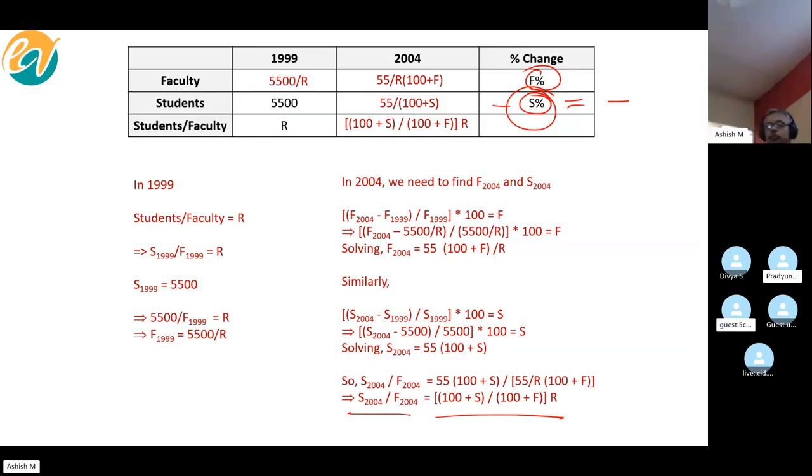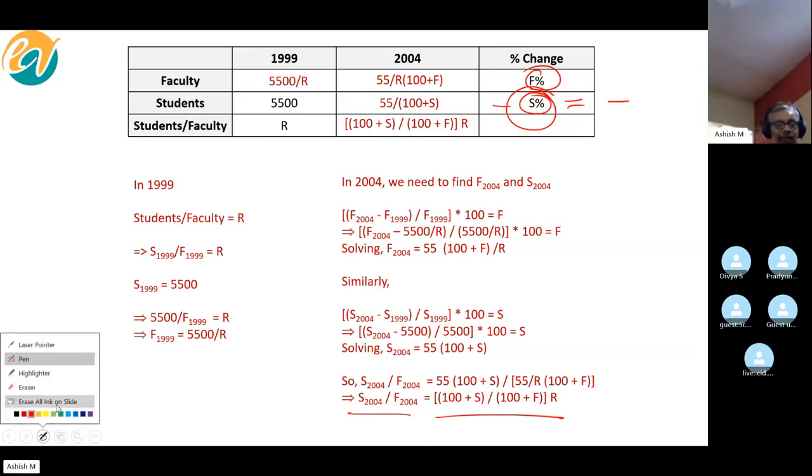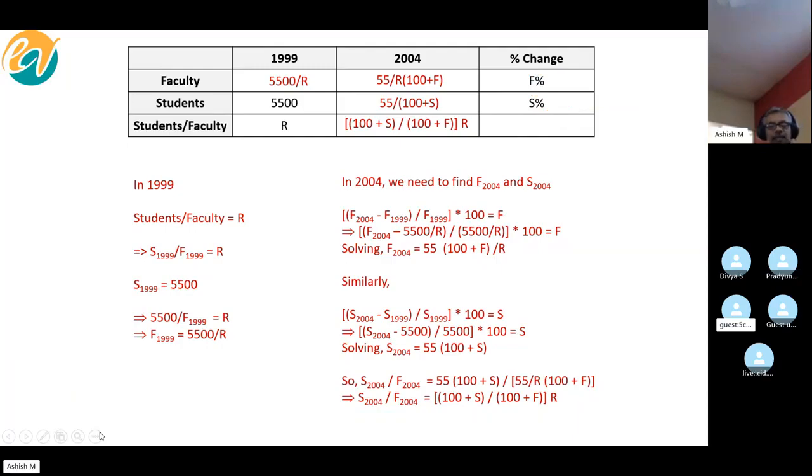Ashish, one question. Yes, go ahead. Instead of doing it this way, can't we just do F 2004 is equal to 5500 by R into 1 plus F percent, and similarly S 2004 is equal to 55 by 5500?